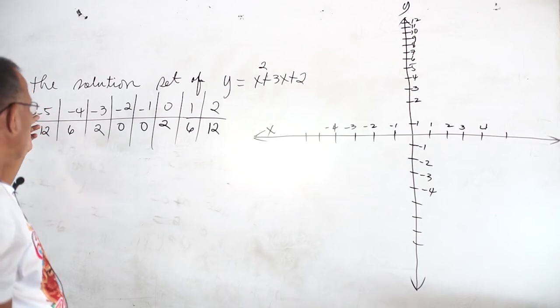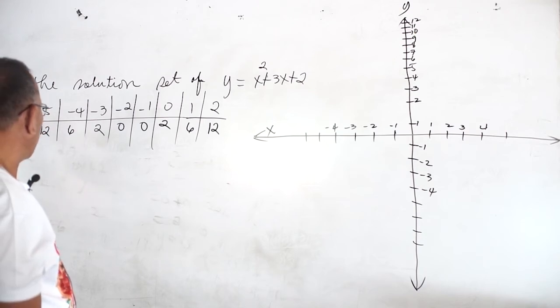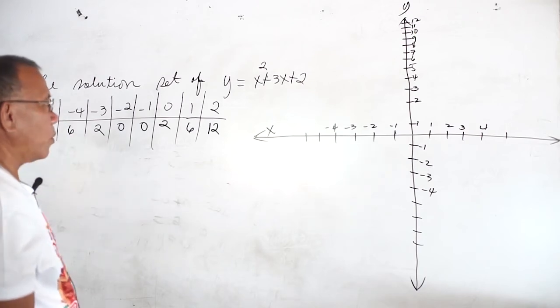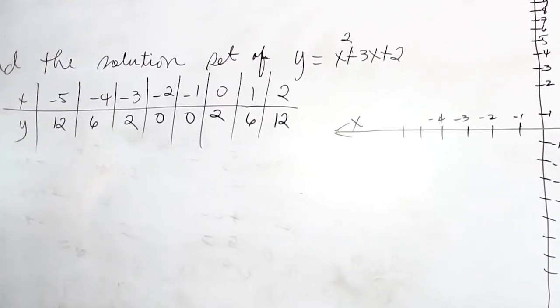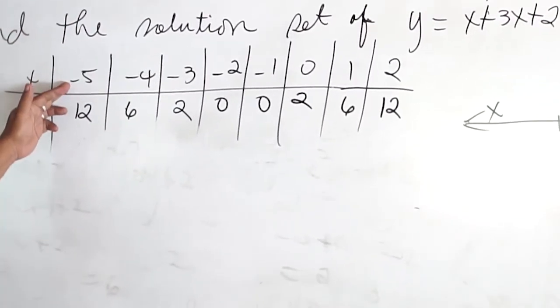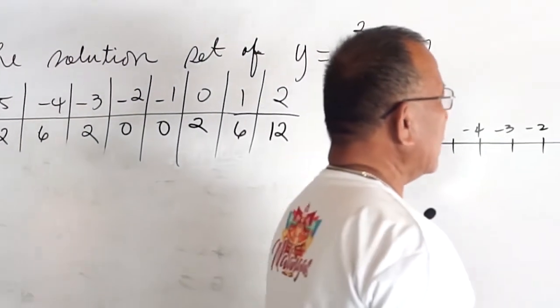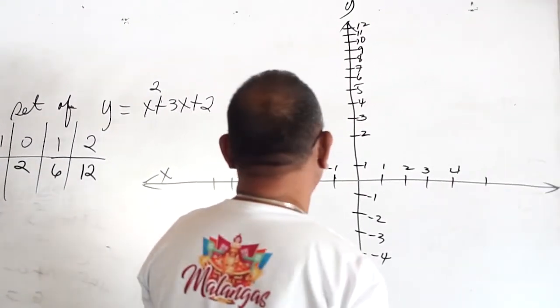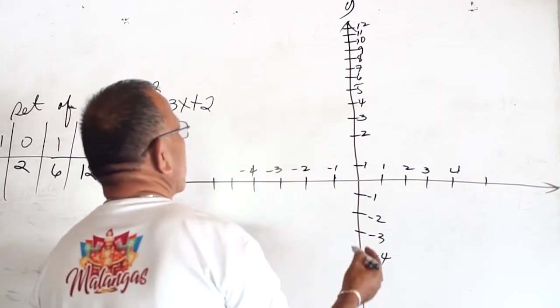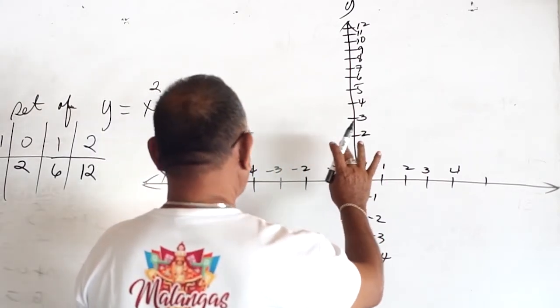First you have to plot the points. The ordered pair negative 5 and positive 12 is located in the second quadrant.